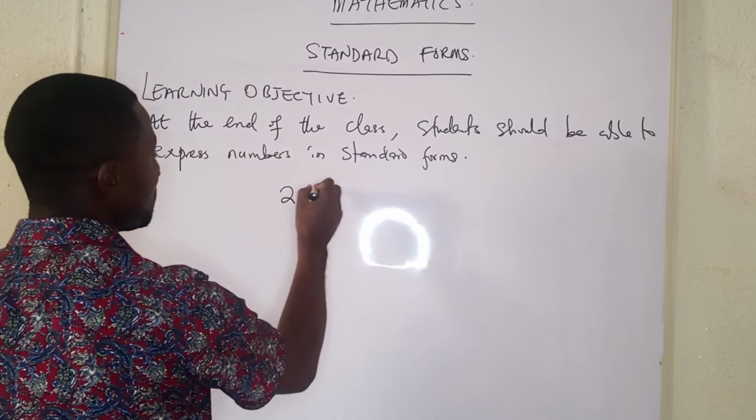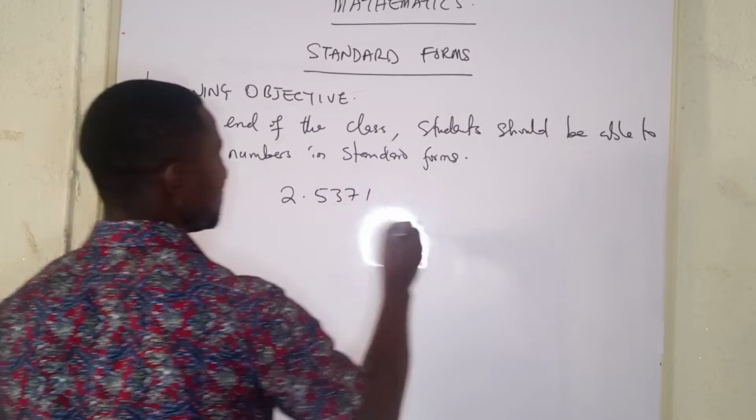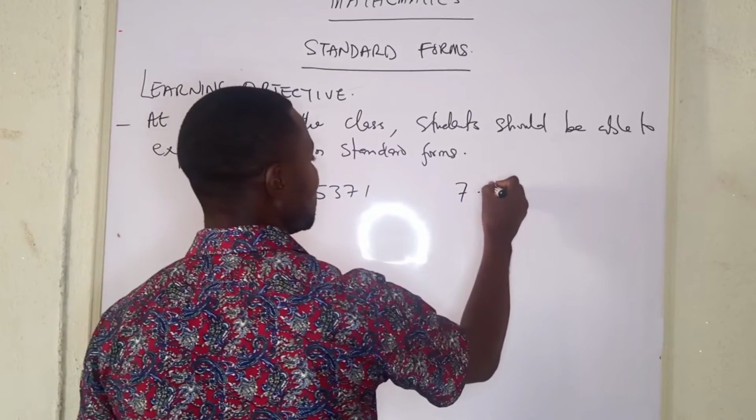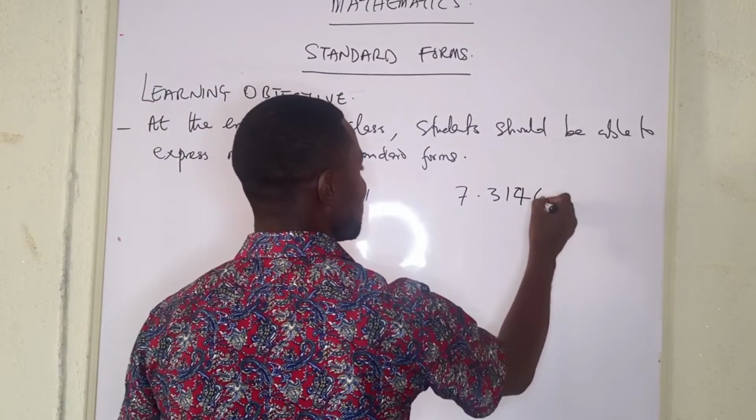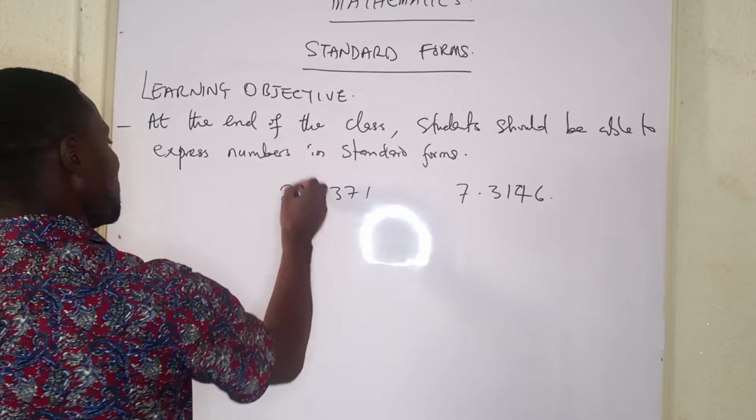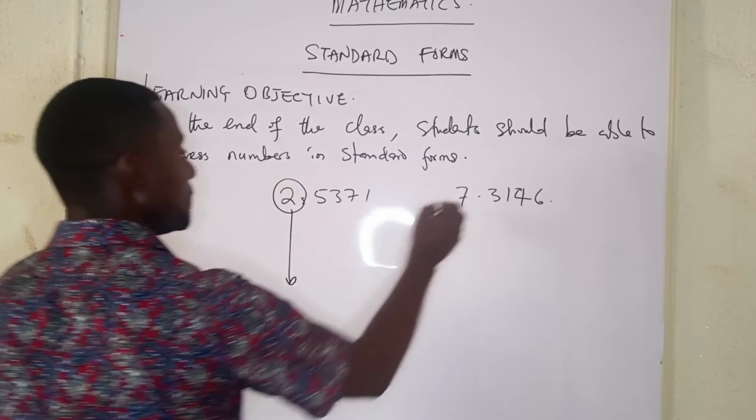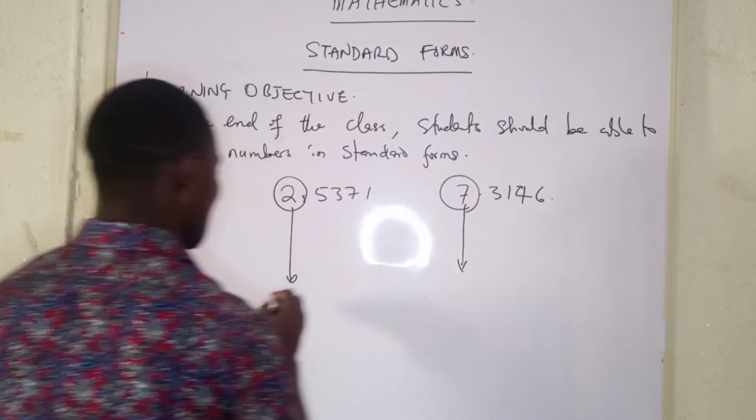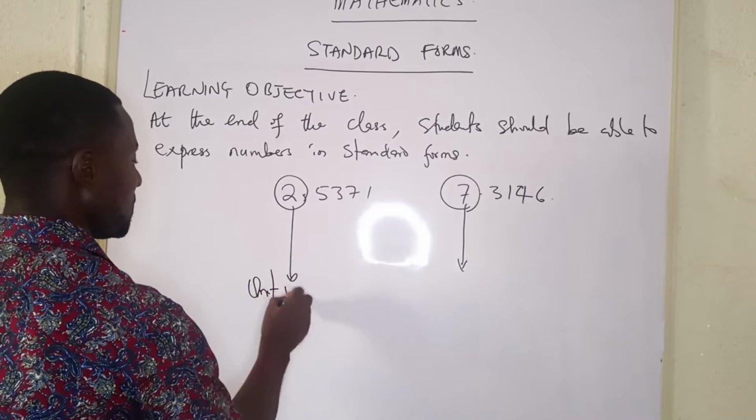Now, let's take an example. If you have 2.5371 and 7.3146, this 2 and this 7 are called the unit value.